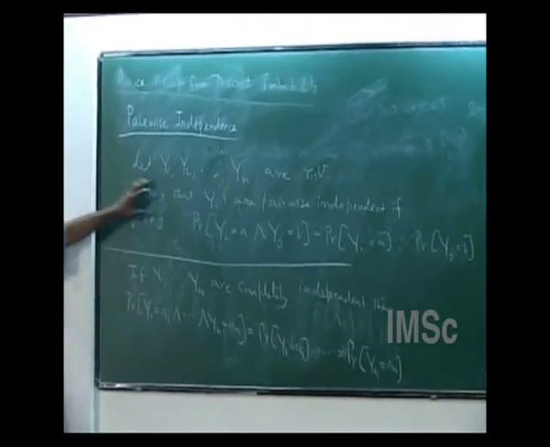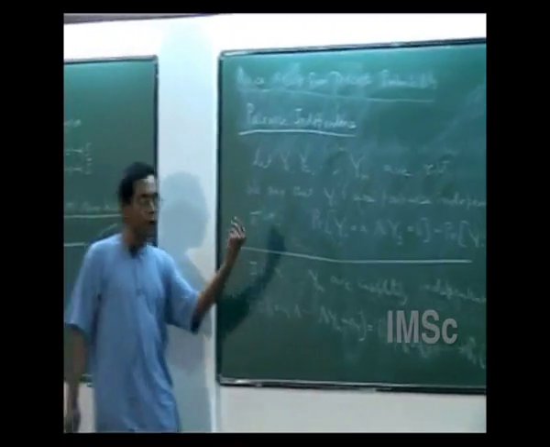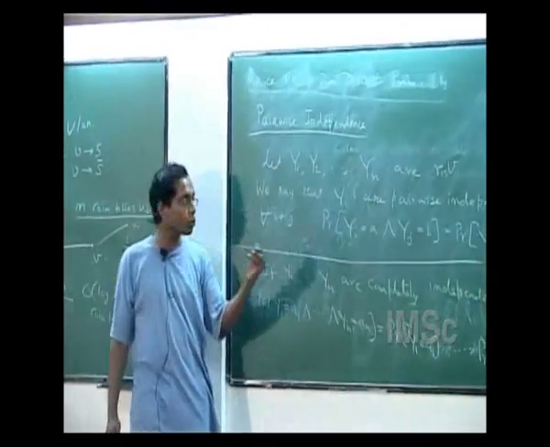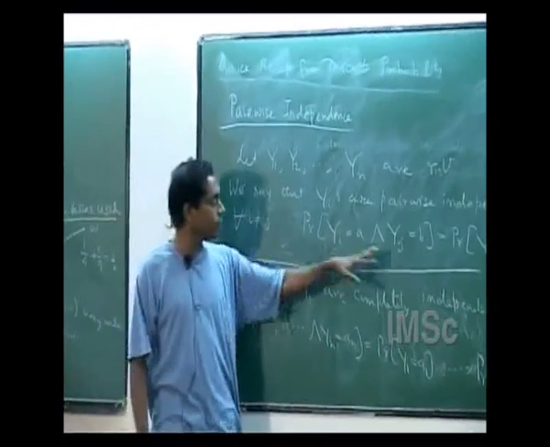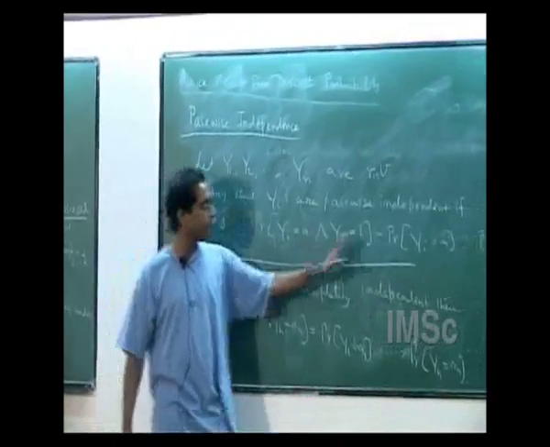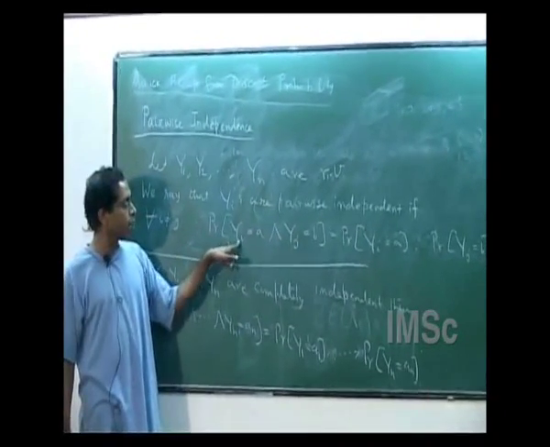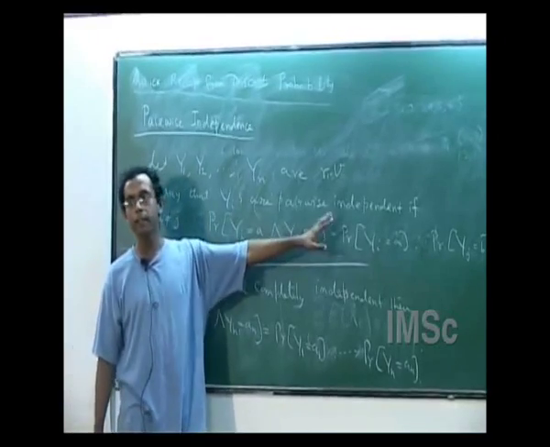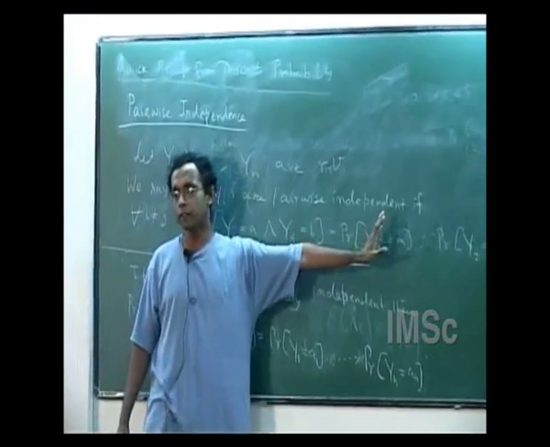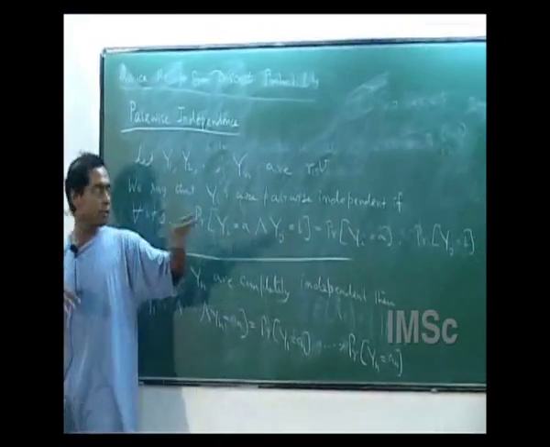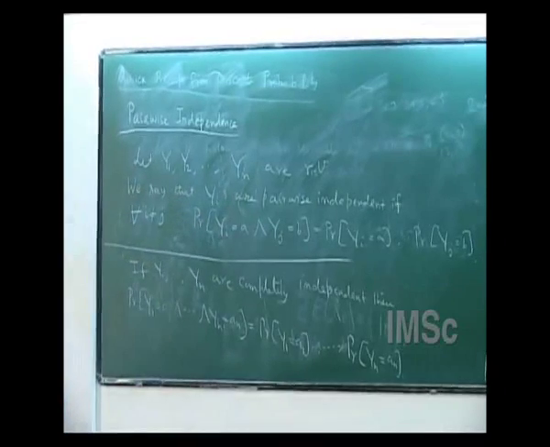Now these random variables are only pairwise independent. That means when you look at a pair like yi and yj, they are totally independent. But that doesn't mean that yi equal to a, yj equal to b, and yk equal to c will be the product of all three. I'm not saying that. The independence is only pairwise, and here it's total independence.